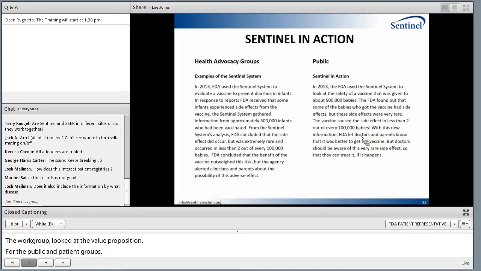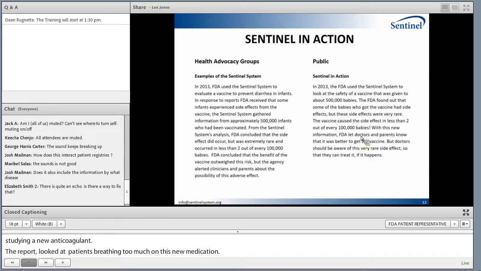The reports received concerned patients bleeding too much on the new medication. The Sentinel System gathered information not only from patients on this new drug, but also from a large cohort taking an older anticoagulant.